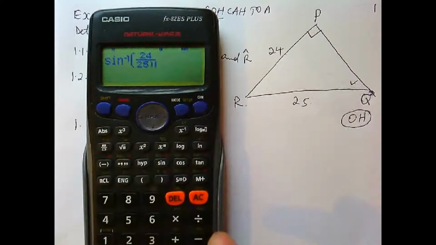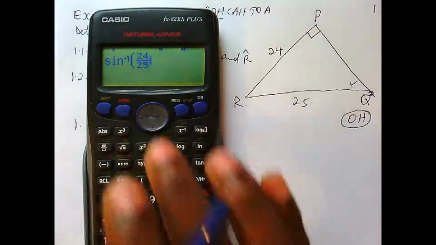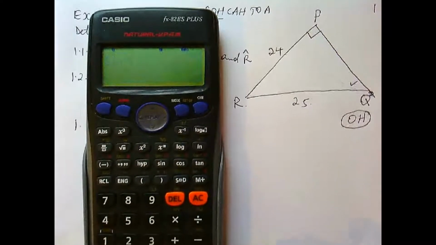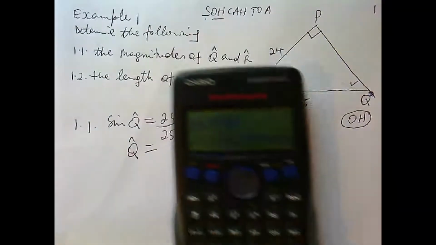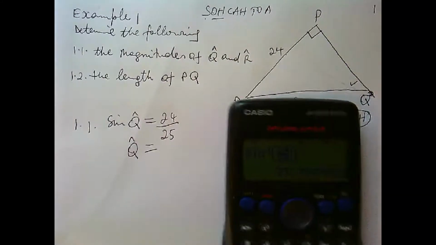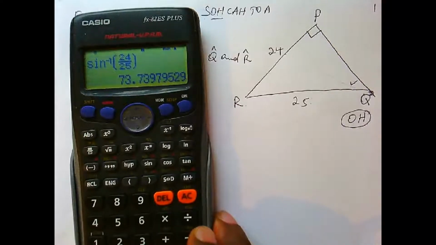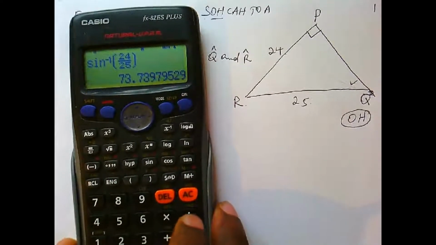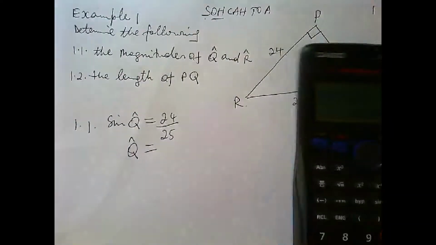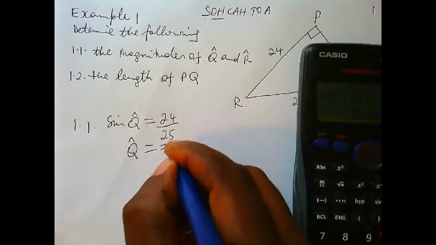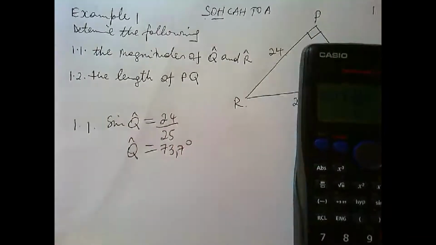Then we press equals, and the answer that we get there is 73.73. If we are asked to round to one decimal digit, it's going to be 73.7. So the answer is 73.7 degrees, right?